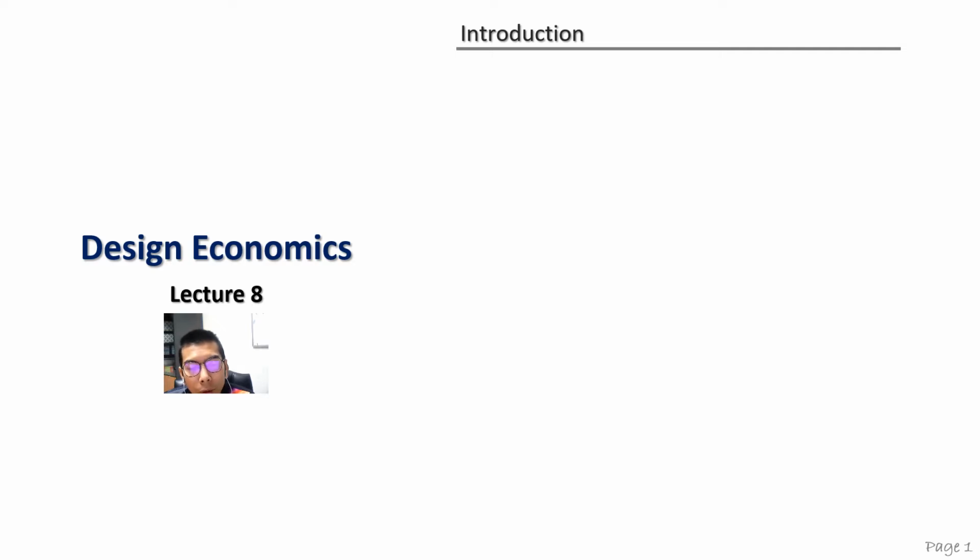So today we are going to continue with lecture 8 on the topic of design economics. For introduction, as you all know, there are certain factors that will determine the success of a construction project. The success factor will, of course, be influenced by the decisions made by the parties involved in the construction project, including the clients, consultants, including the architect, contractors, and so on.